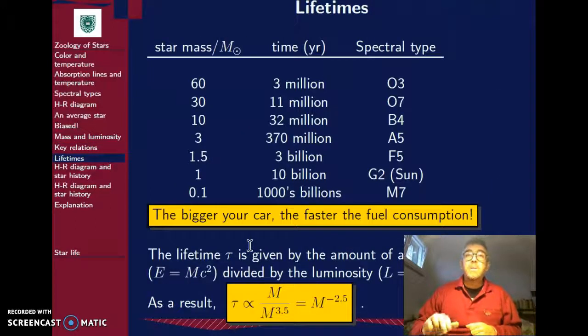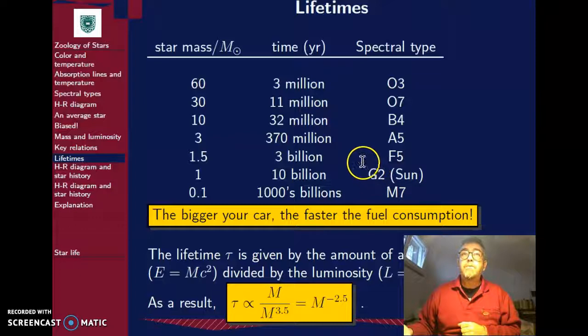We have a table here to show you how this happens. For example, a star like the Sun is expected to have a life of 10 billion years. A giant blue star can have a much shorter lifetime, predicted as just 3 million years, which in terms of the universe is quite a short time.